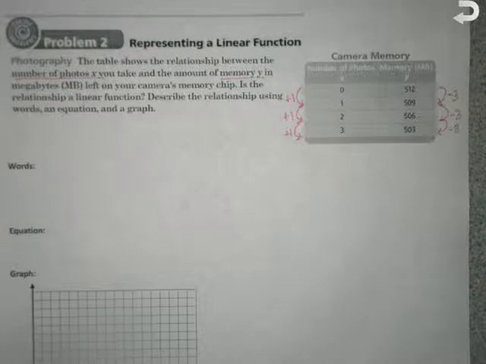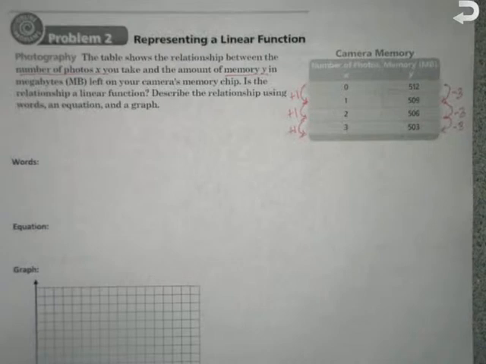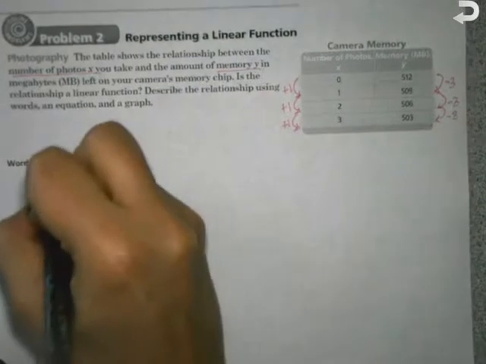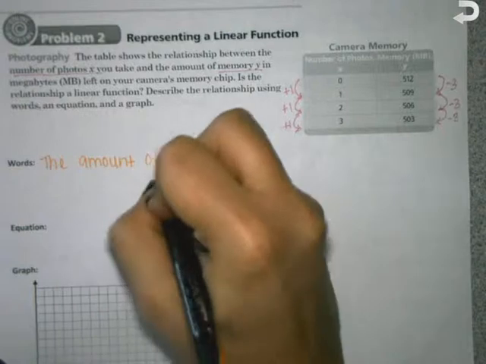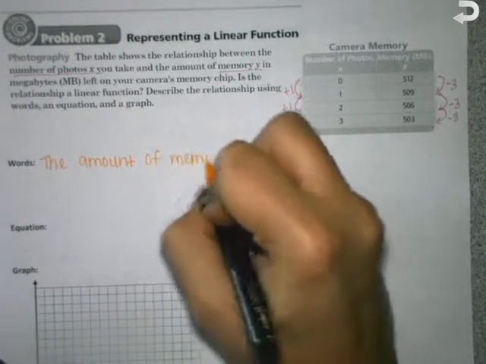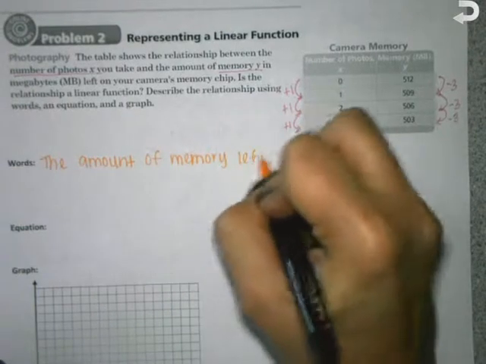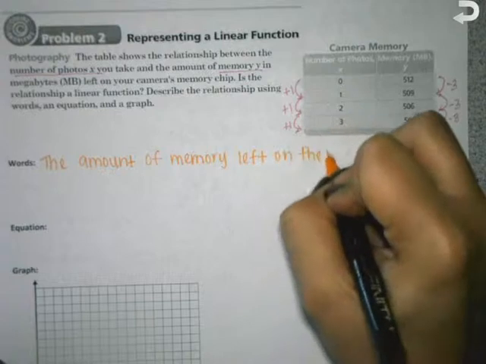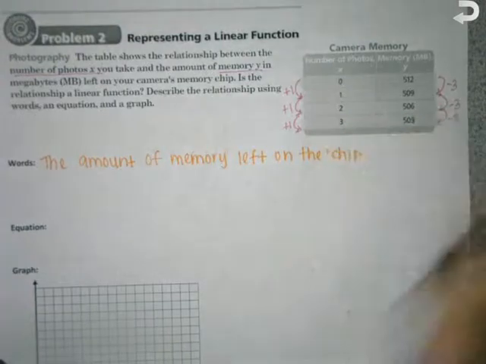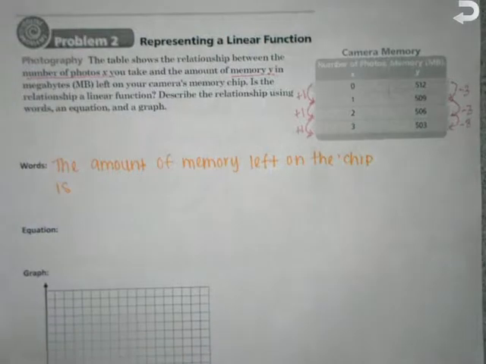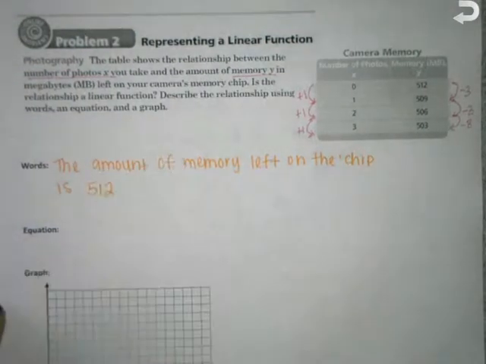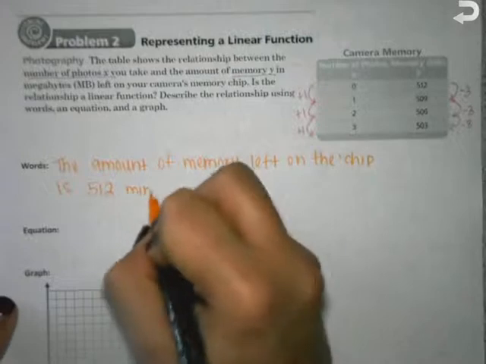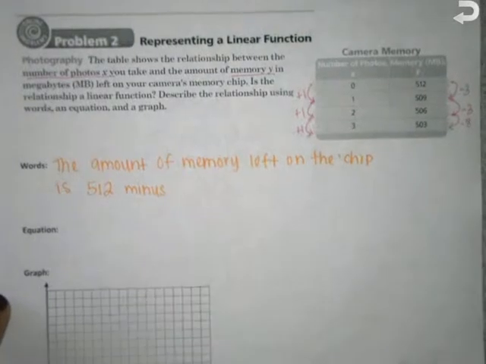So what is going on here in words? The amount of memory left on the chip is, what do we start with? How much memory do we start with? 512. So it's 512 minus, because we're taking memory away, minus what?